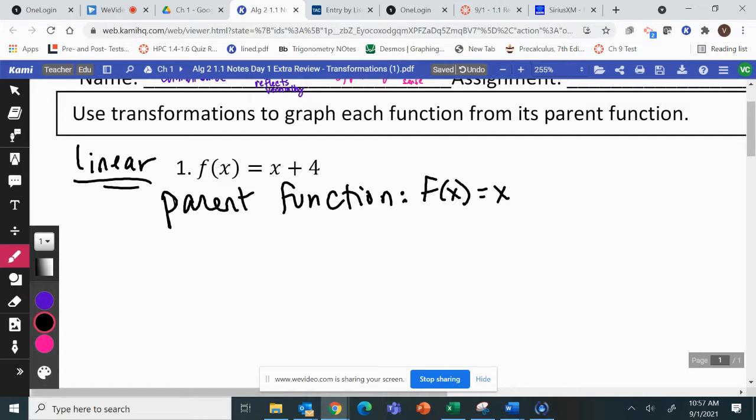So now let's talk about transformations. From the parent to x plus 4, what transformation happened? We need to decide if it's vertical or horizontal. If it's horizontal, it's going to be in parentheses. Do you see parentheses?